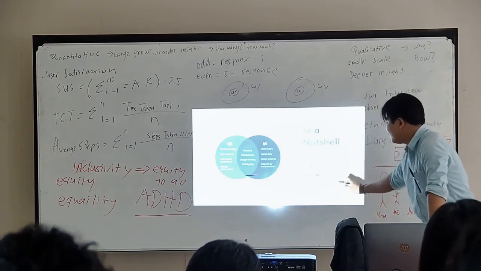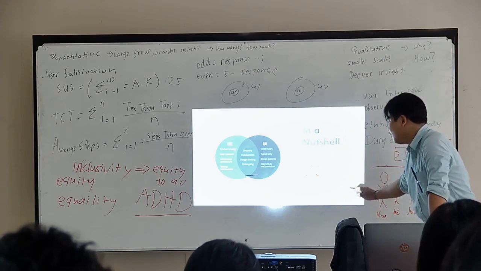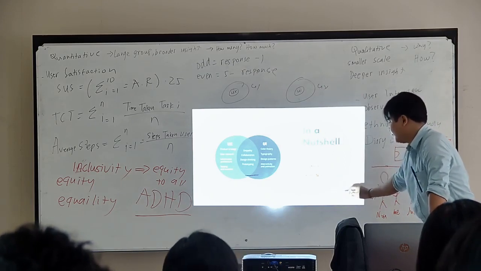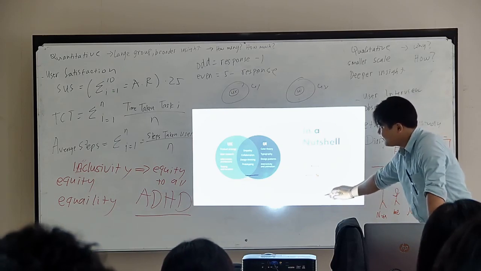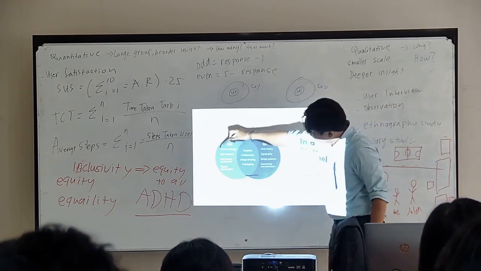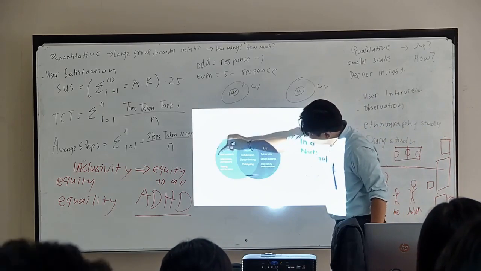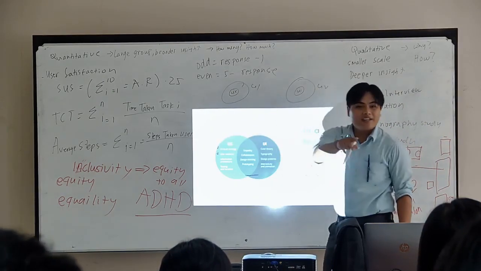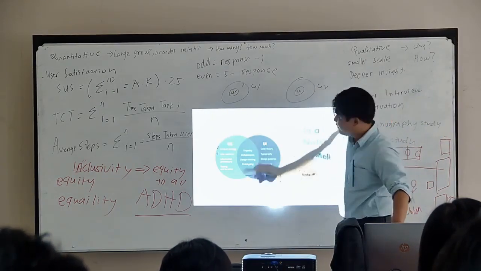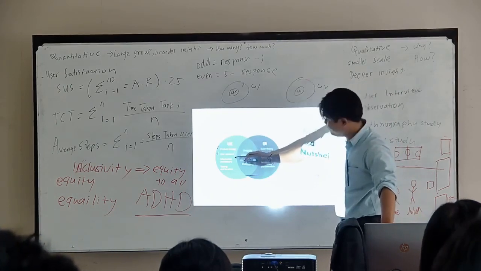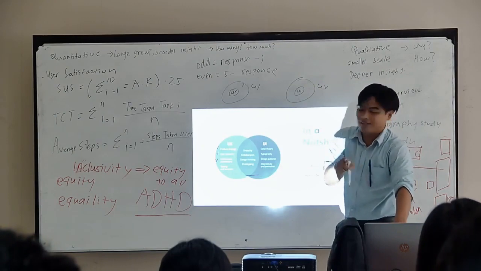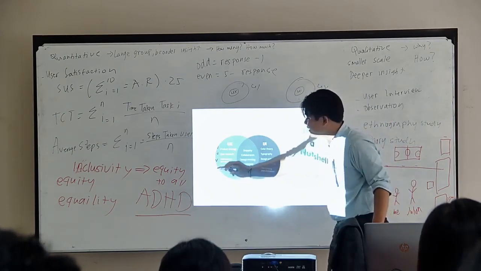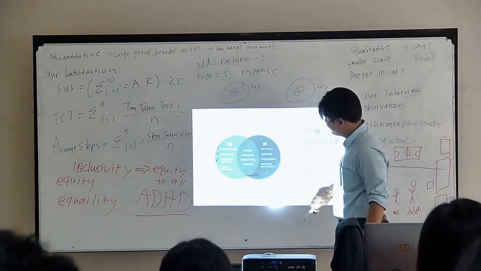UI is a component of UX, but UX covers a broader spectrum, including UI, usability, and satisfaction. So these are components of UX: product strategy, user research. The interview that you did is called user research. And then information architecture, we already did that before, right? And then testing and iteration, not yet.